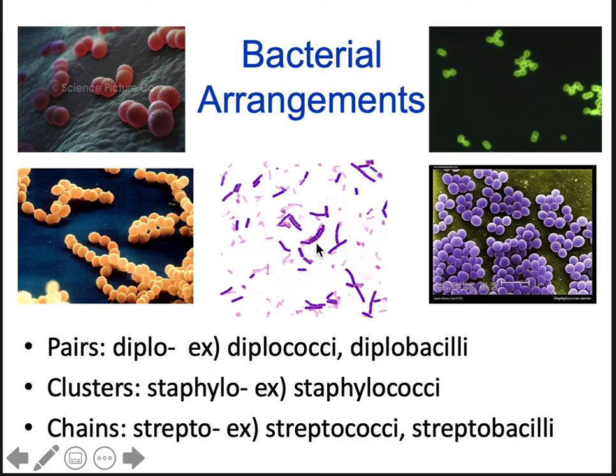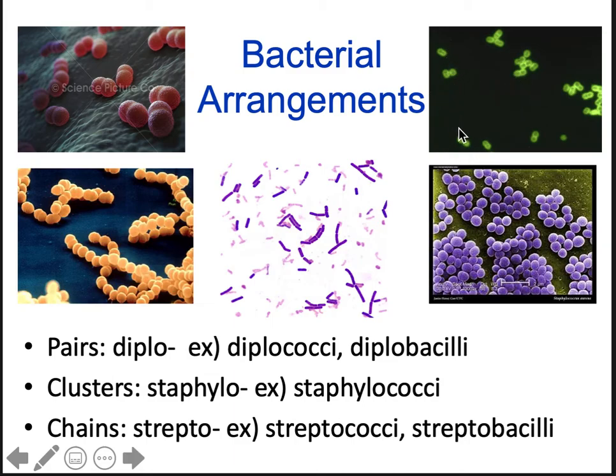On the other hand, in an image like this, you can see without a doubt this is clusters of spherical bacteria. And so we would call this staphylococci. Staphylo for cluster, cocci for round spherical bacteria. Up here we have maybe cocobacilli, and we see a lot of diplo pairs.